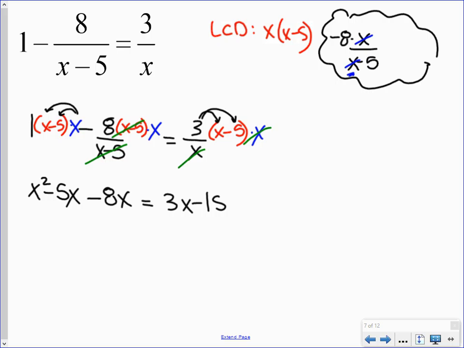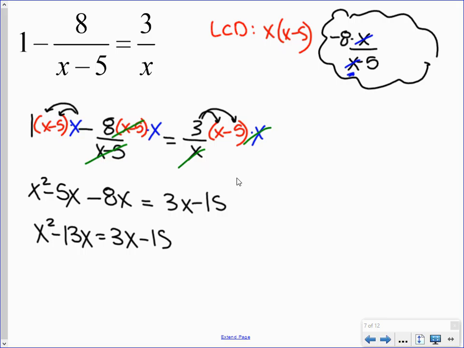So now I just got to clean stuff up. I can combine the minus 5x and minus 8x to get like terms for a total of negative 13x. And now when I look at my equation, I see that I have x terms and I have x squared terms. So I'm going to need to make one side equal to 0 so that I can try to factor it.